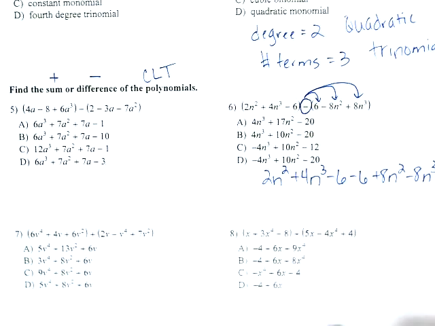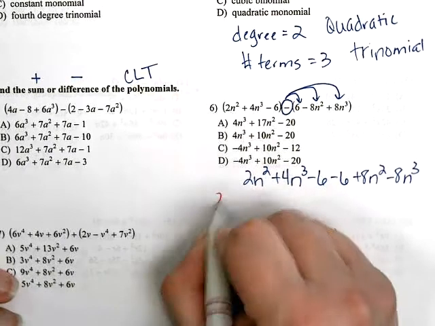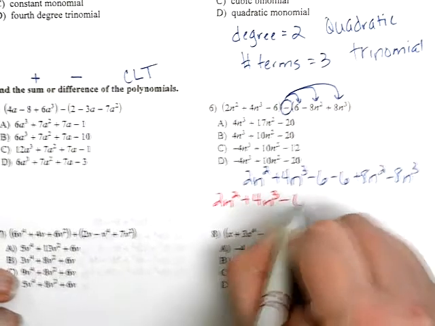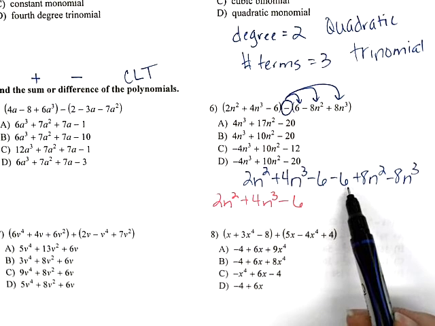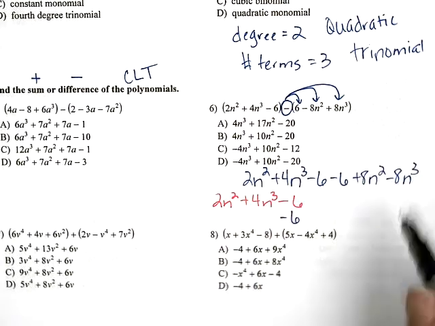All right, if you can look at your like terms from there and combine them, I am totally fine with that. If you want to line up your like terms and stack them on top of each other, I'm fine with that too. So 2n squared plus 4n cubed minus 6, that was my first polynomial. And my second polynomial, I had a minus 6, well that's a constant, so that's going to go with my other constant here, minus 6.